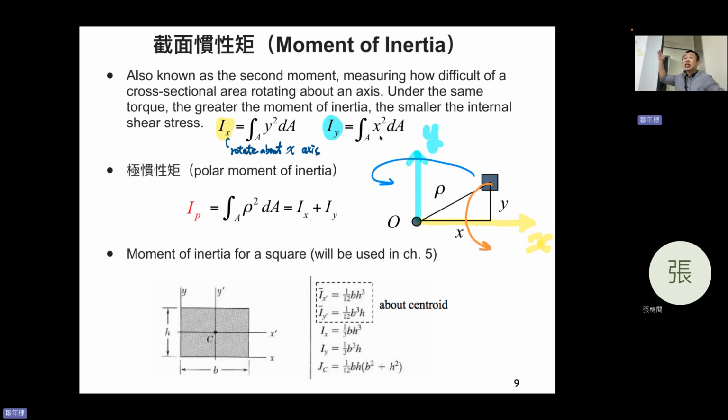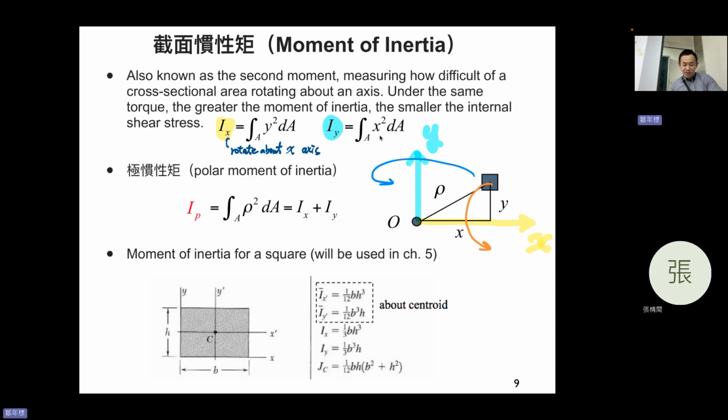This area rotates about the y-axis. How difficult will it be? Iy. So polar IP is the integral of rho squared dA, which is Ix plus Iy.